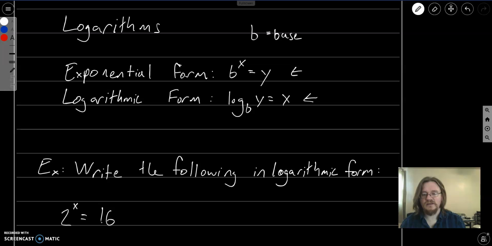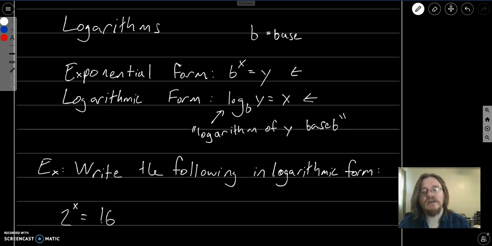This would be read the logarithm of y base b, or the logarithm base b of y. It doesn't matter the order, but we are taking the logarithm of y, and it has a base.